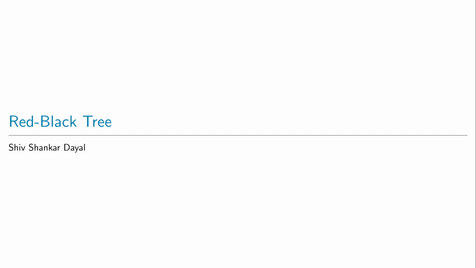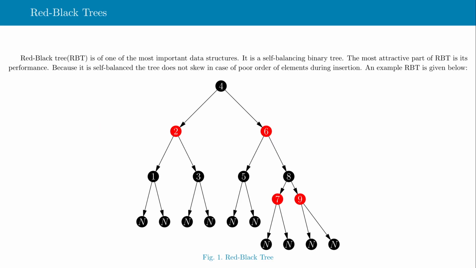Now, red black trees are very important. The reason is it is optimal in terms of the algorithmic complexity and performance. So we know that binary search trees, which we have studied, have a problem.